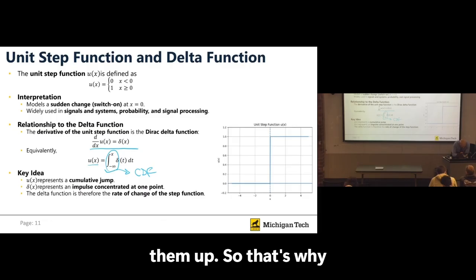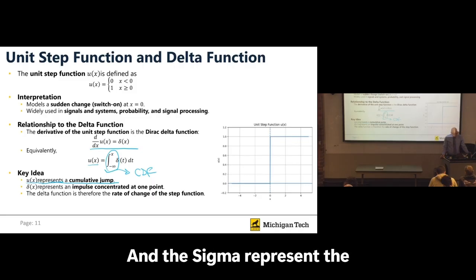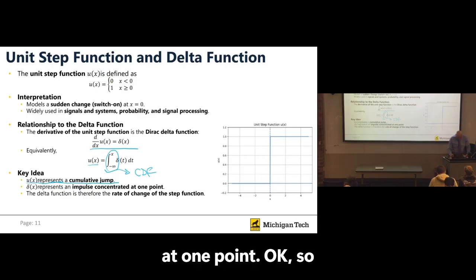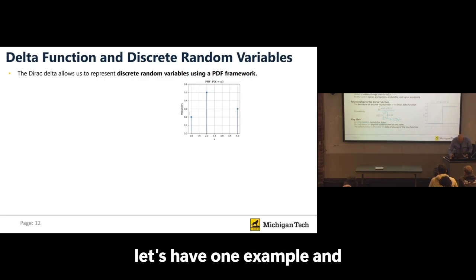So that's why U of x, the unit step function, represents a cumulative jump. Okay? And the delta represents the impulse concentrated at one point.